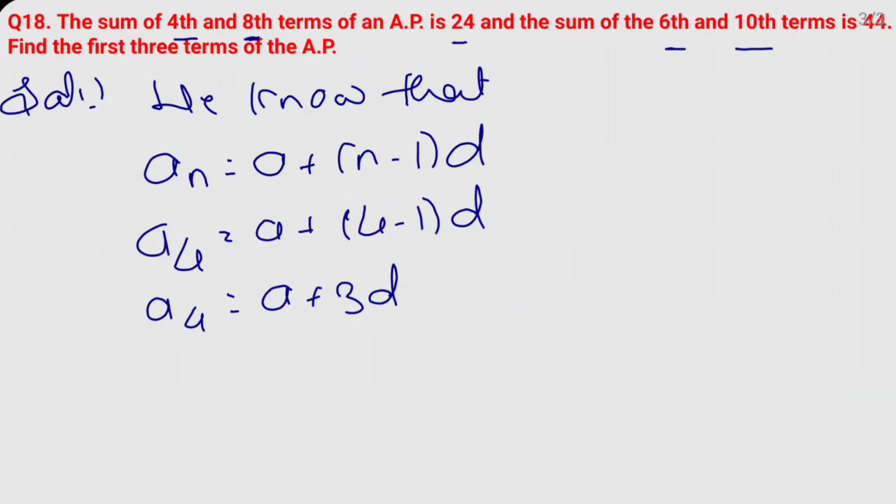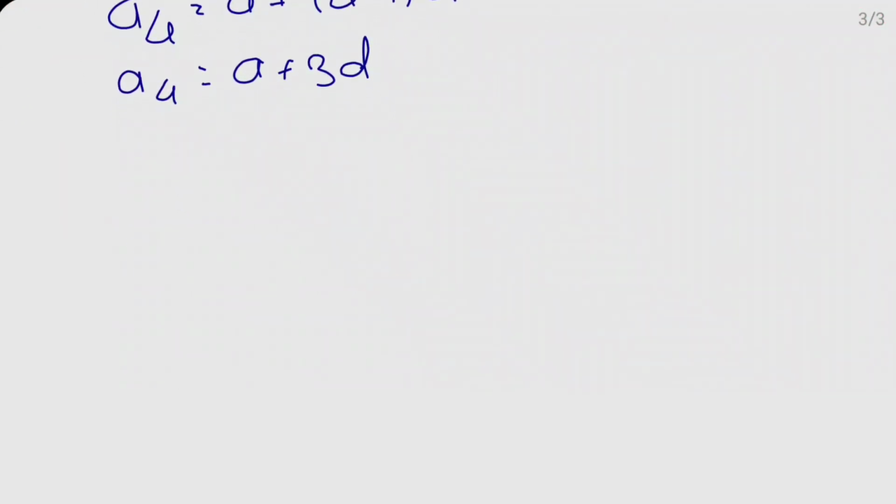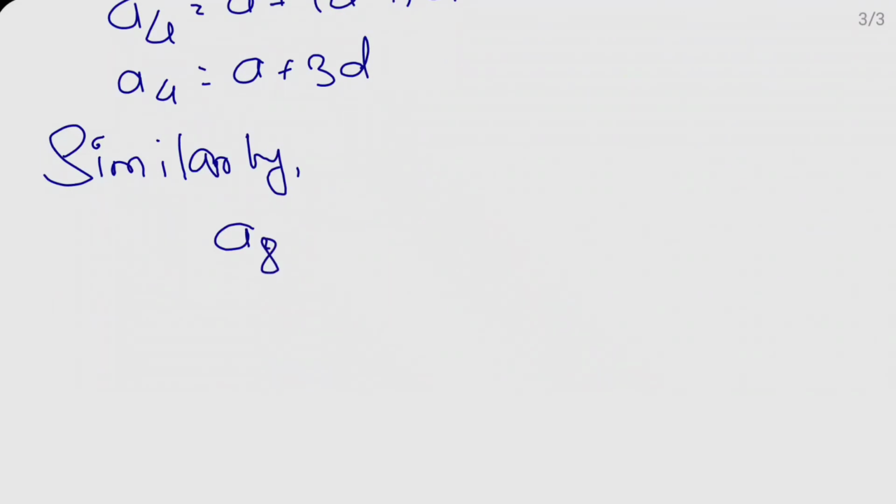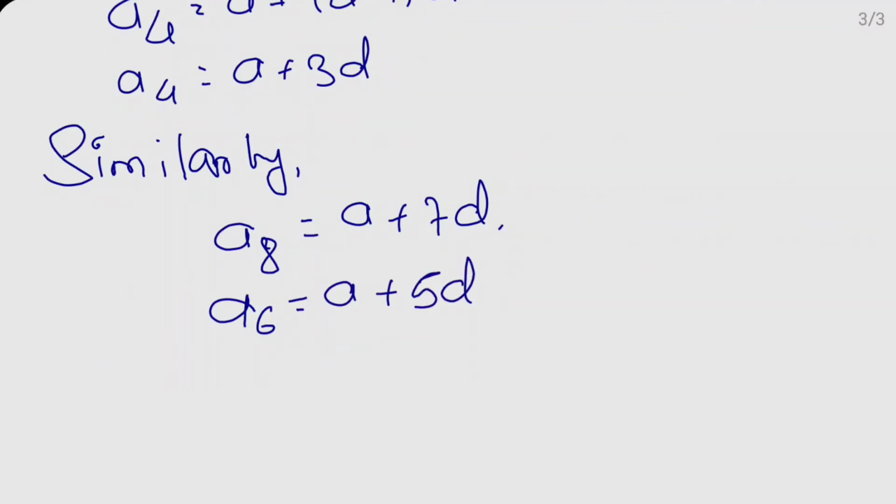Is it clear? And now similarly a8. So a8 we can write a plus 7d, right? So next a6. A6 is a plus 5d and a10. So a10 is a plus 9d. Is it clear?